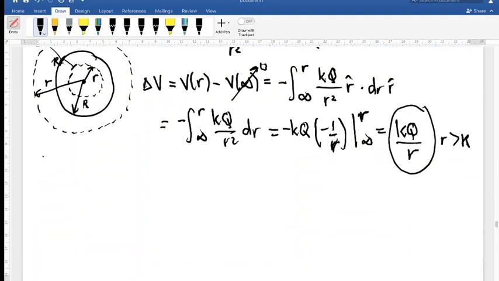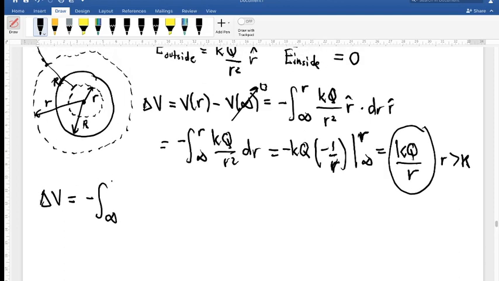So the potential inside is just equal to the negative integral from infinity to R of the outside electric field, plus the negative integral from R to your Gaussian surface of E dot dl.